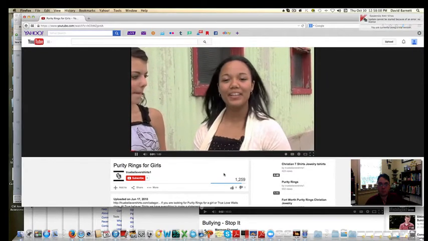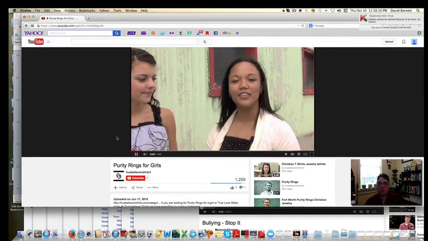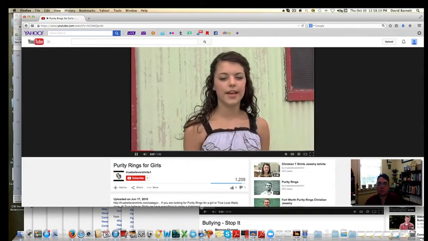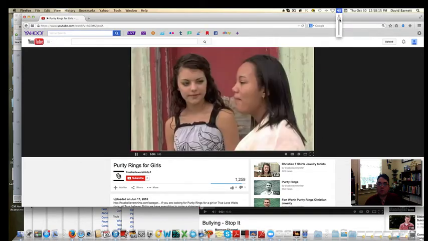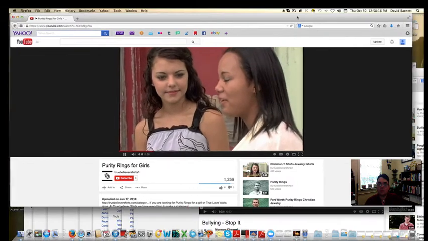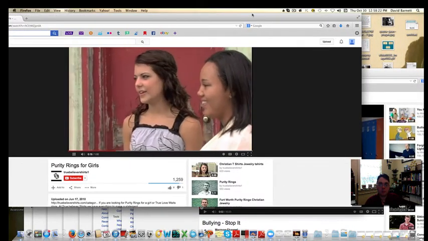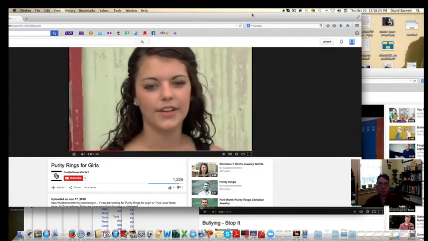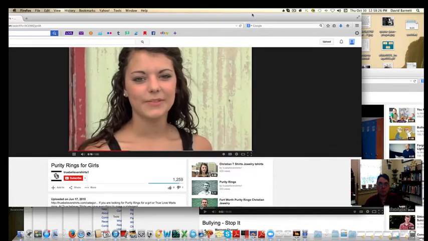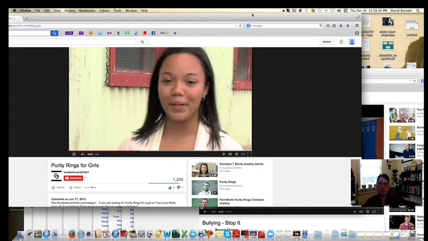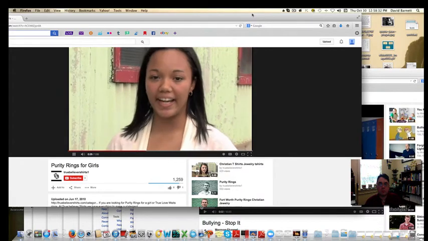A purity ring is where you make a commitment to yourself and God that you'll stay pure until you're married. It's a commitment that I've made and also shows others the life that I've chosen. My friend and her fiance have a purity ring set, and it reminds them to stay pure until they're married. I think that's awesome. I know a lot of people that have promise rings, but the difference is it's marked with words and phrases to help people remember their promise. What I like about a purity ring is that you can wear it if you're engaged or not.